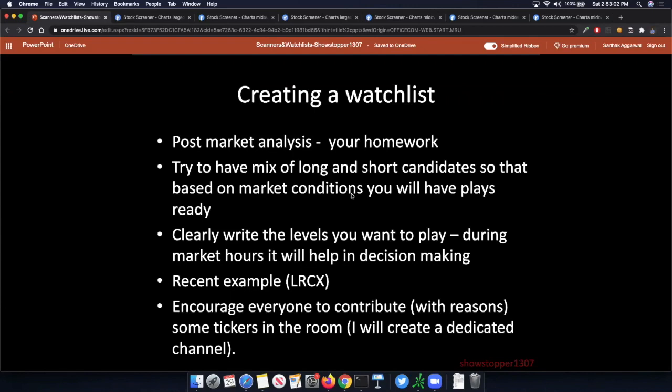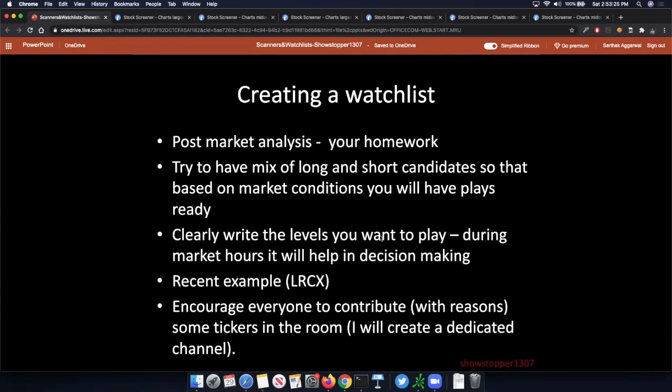It's best to have both going into a market, so you can either short or long based on market conditions, because you don't know, there might be a gap down tomorrow and all your long candidates are candidates no more. Since you're doing the work of filtering through all these scanners anyway, you might as well look for some short candidates along with the long candidates.